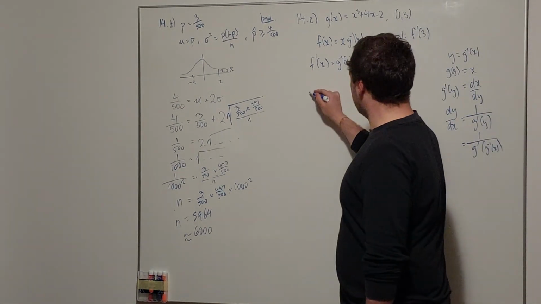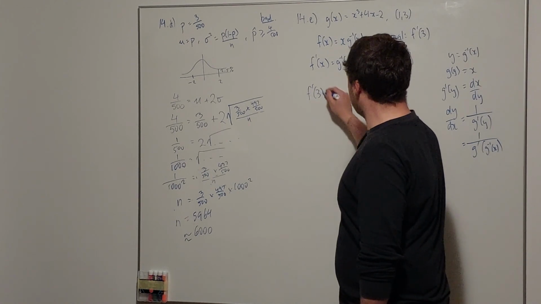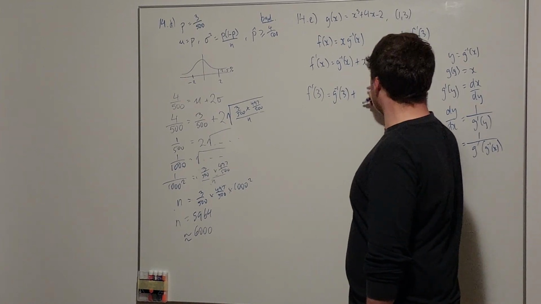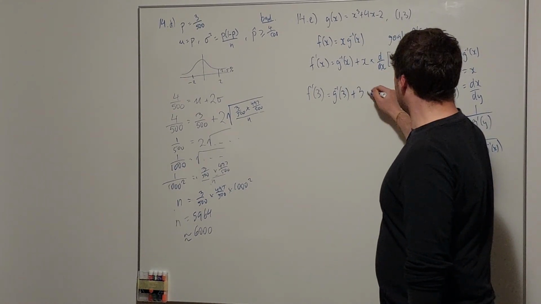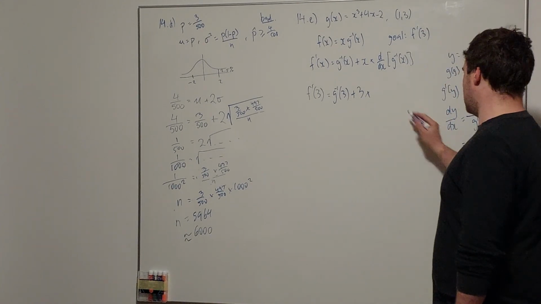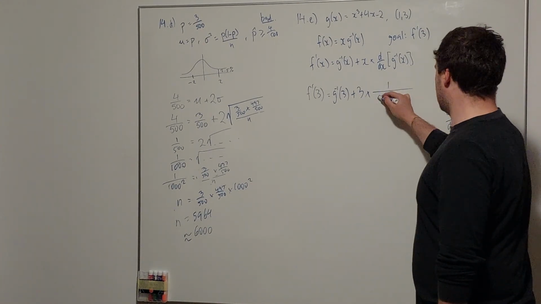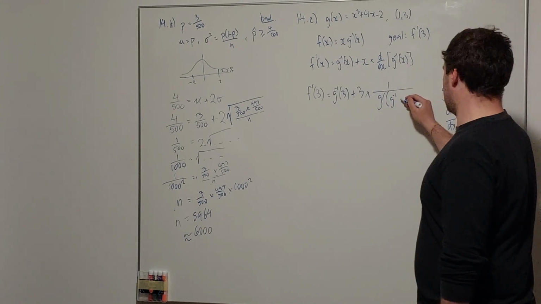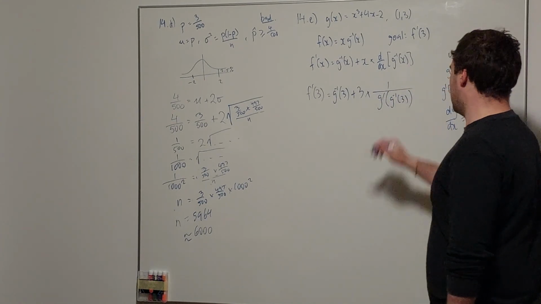So if we put 3 into here, we get inverse g of 3 plus 3 times 1 on g dash of inverse g of 3.